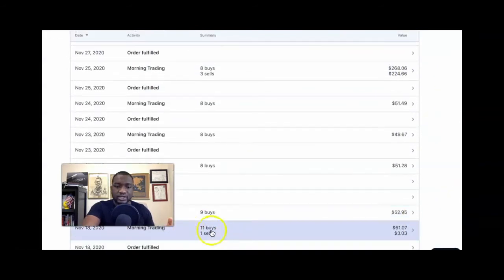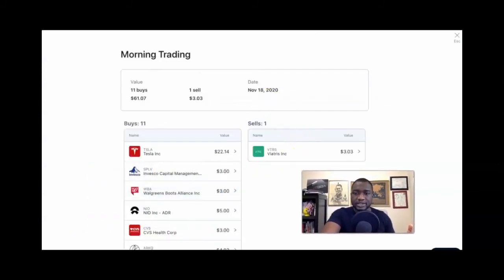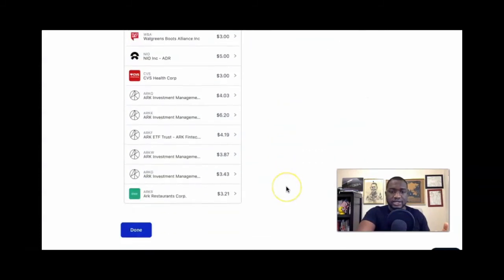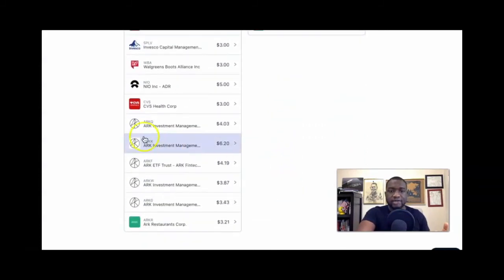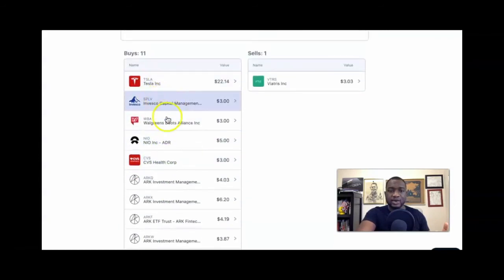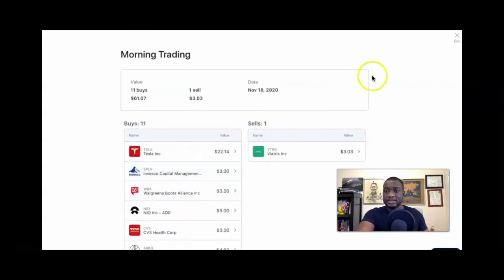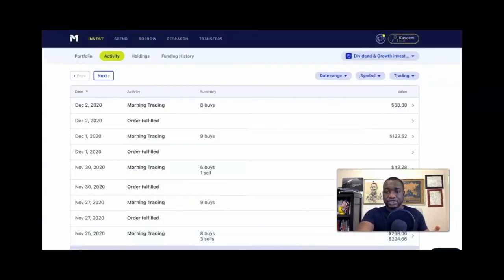Let's look at this one here. You see it mainly bought ARK Invest, and these ones were manual buys that I go in and buy myself. This was a manual buy, and when I put money in, automatically it buys the weighted one, which is ARK Invest.